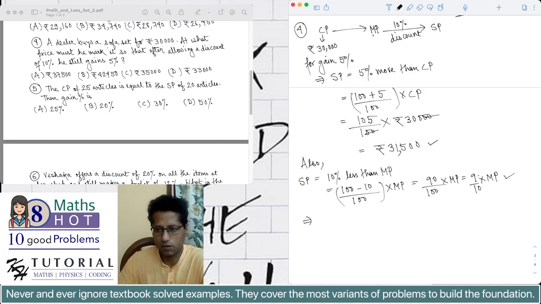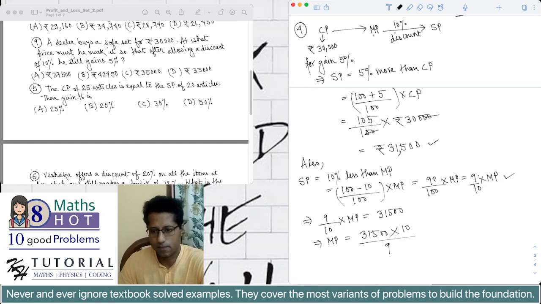So these two will be equal, and we will get 9 by 10 multiplied by MP is equal to 31500. This implies the mark price is equal to 31500 multiplied by 10 whole divided by 9.